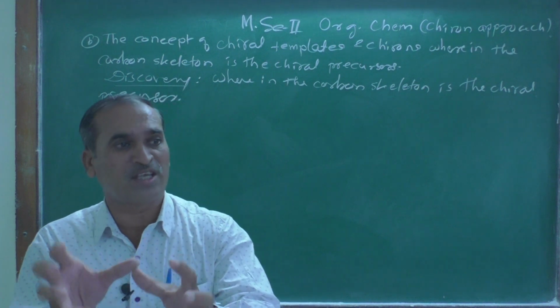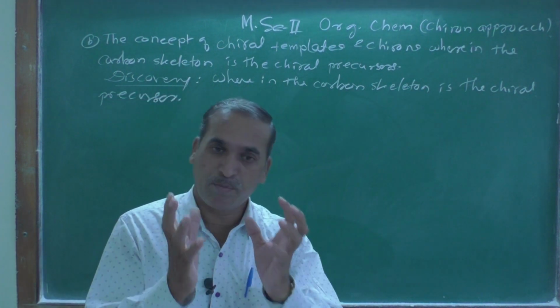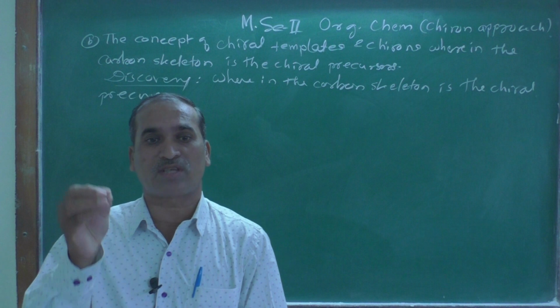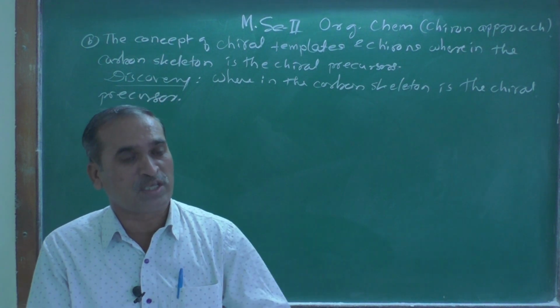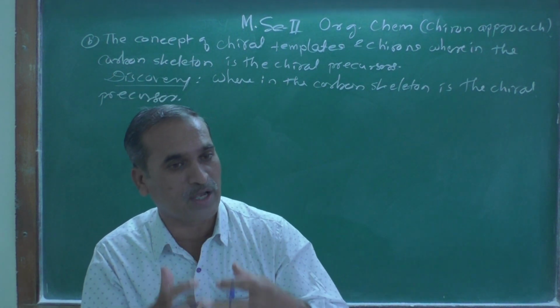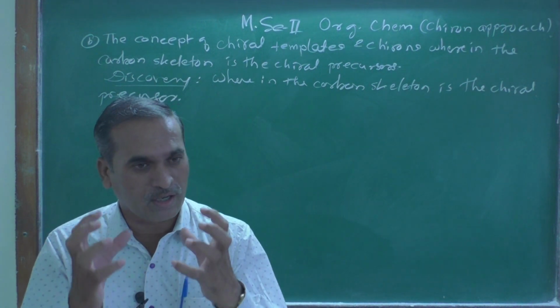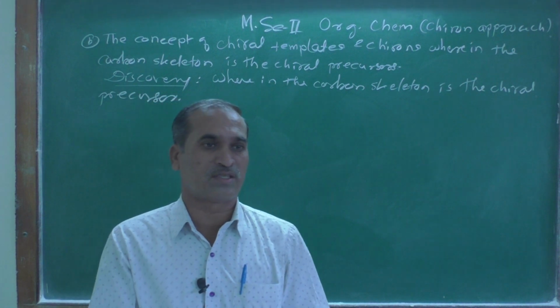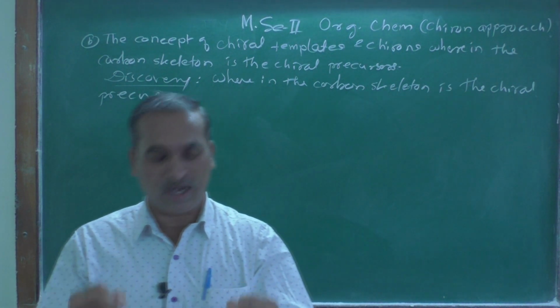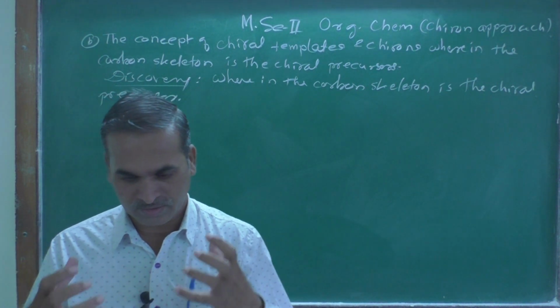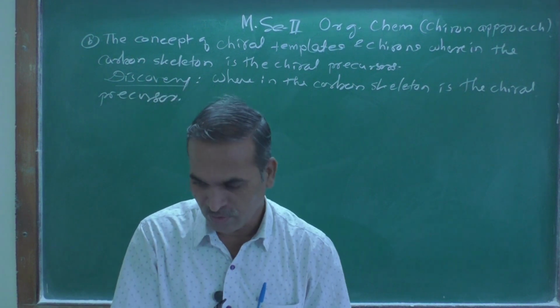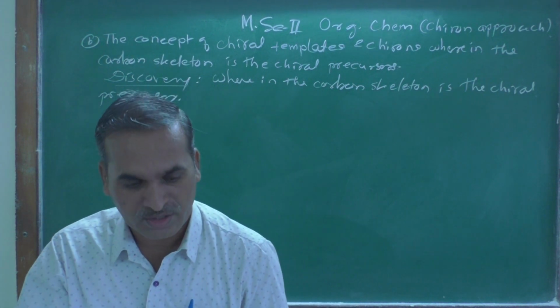By using these basic precursors, what do we mean? They are the starting material. By using this starting material, or this precursor, how can we build and synthesize the target molecule that we are trying to find out here, or trying to study?